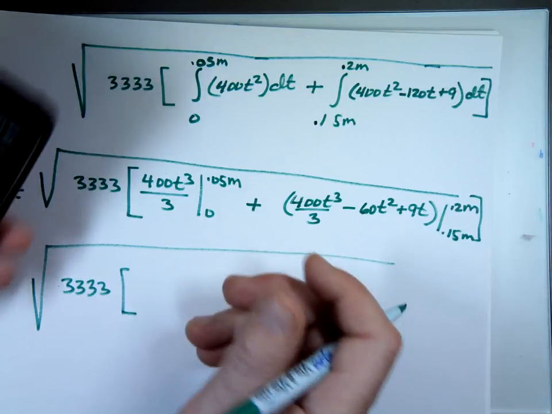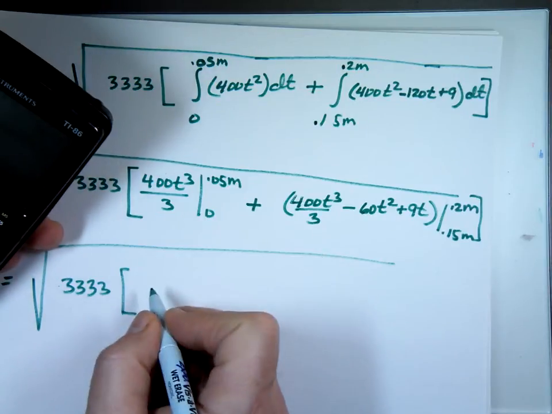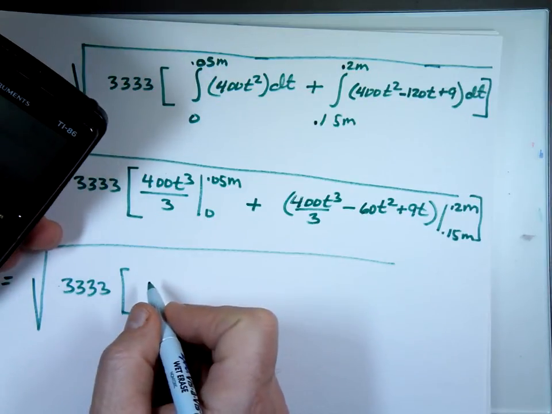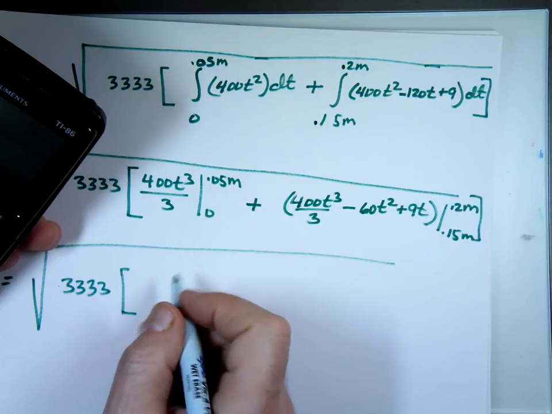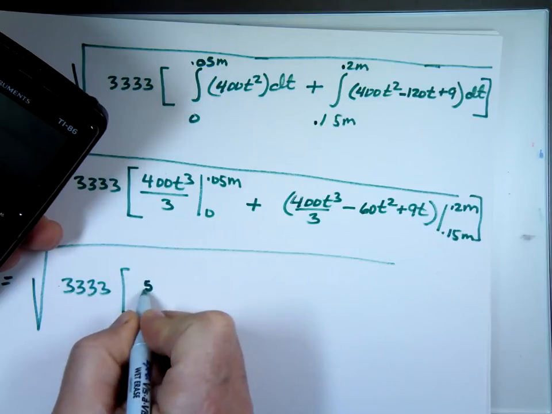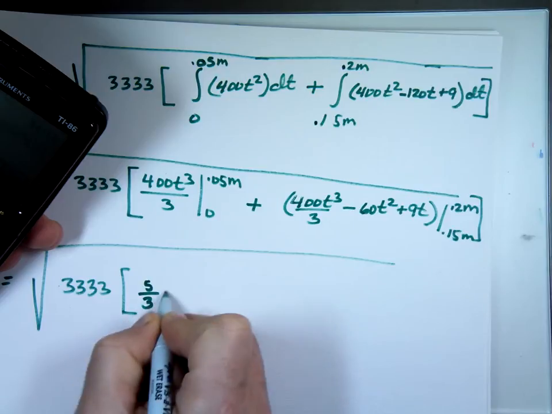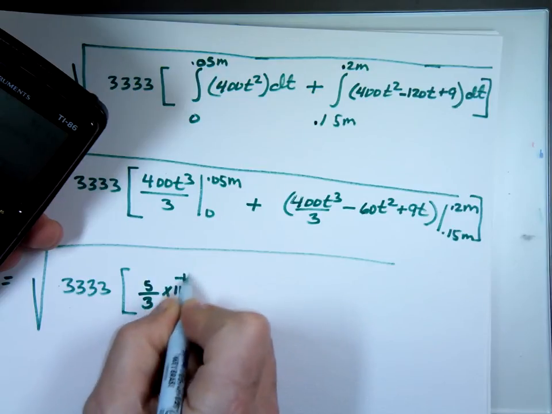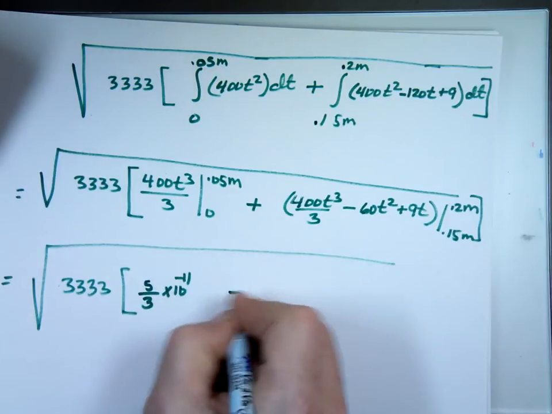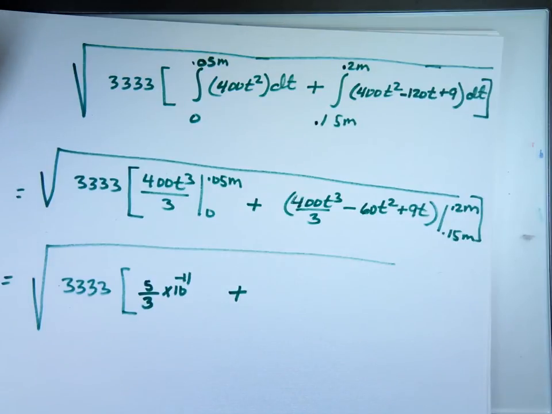I'm not optimistic about my pushing buttons here. I got 1.667, which is what, 5 over 3 times 10 to the negative 11, that's for this piece, plus, that's not fun, the last one.